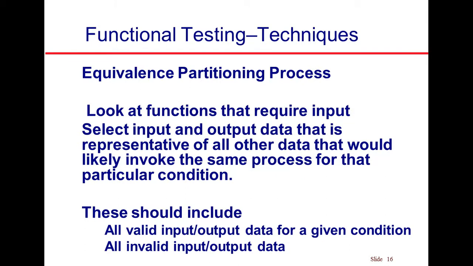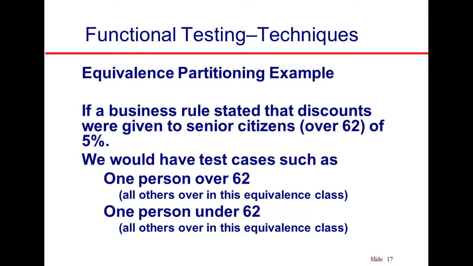And in the equivalence partitioning process, what will you do first? Look at the function that requires input, then select input and output data that is representative of all the other data that would likely invoke the same process for that particular condition. So these should include all valid input output data for a given condition, and all invalid input output data, right? Now an example: if a business rule stated that discounts were given to senior citizens over 62 of 5%.